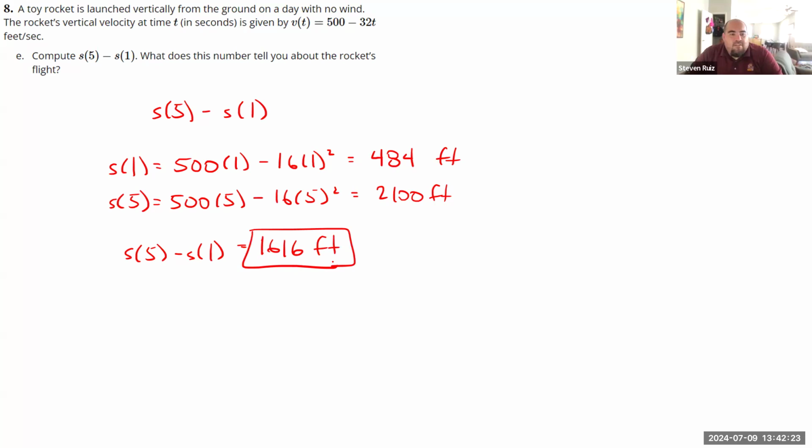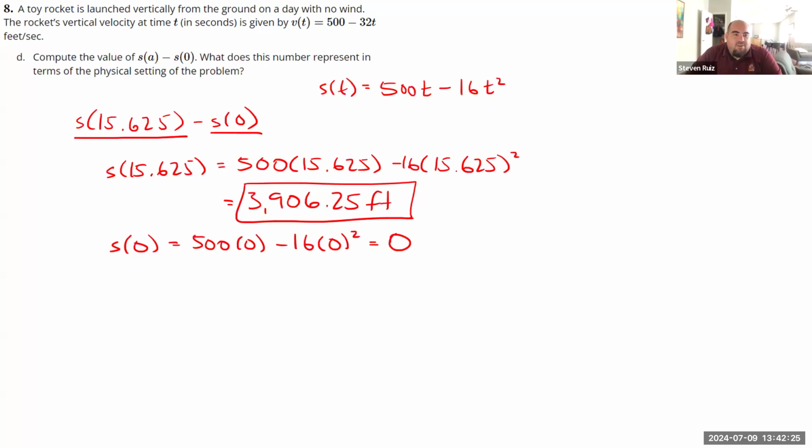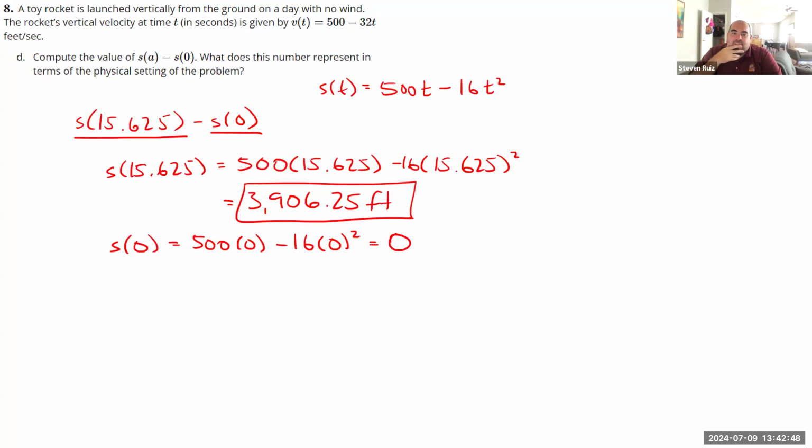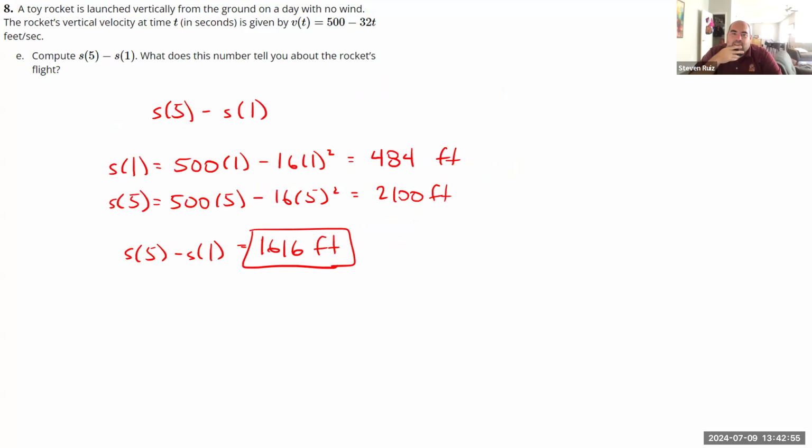Well, the last question told us that in a span of 15.625 seconds, the entire upward flight of the rocket, it increases in height by 3,906 feet. But in this 4-second interval, early in the flight of the rocket, it travels 1,616 feet, which is not quite half of this. What does that tell you about the rocket's flight?